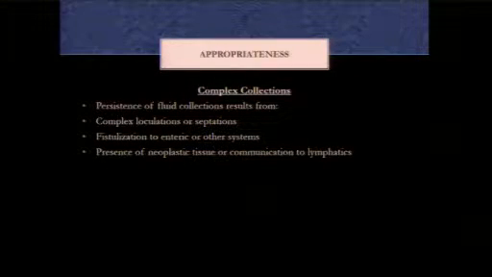So this is just specifying that complex collections are usually caused by either septations within the collection or fistulization to another system. You can also have fistulization to lymphatics or neoplastic tissue, which can make the collection more difficult to treat.